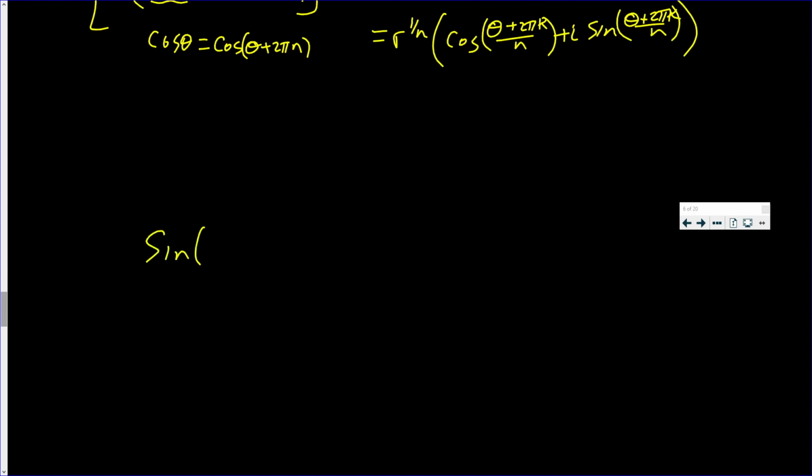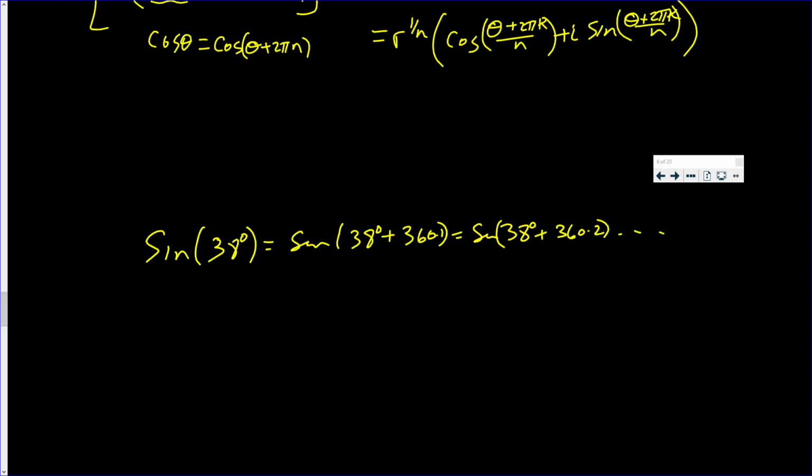That is, the sine of 38 degrees is the sine of 38 degrees plus 360. It's the same as the sine of 38 degrees plus 360 times 2. Here it was times 1. Forever and ever. It's also the sine of 38 degrees plus 360 times negative 1, or negative 2.